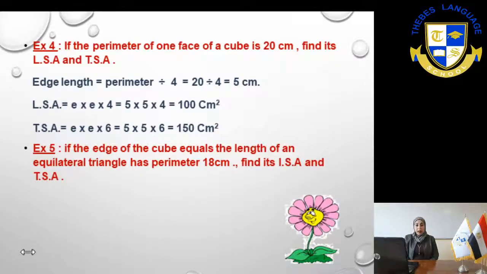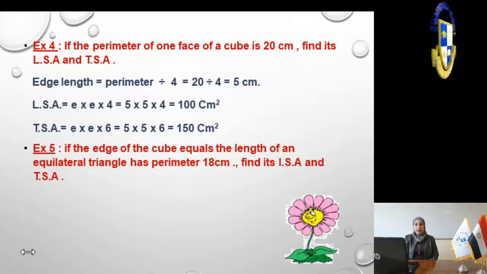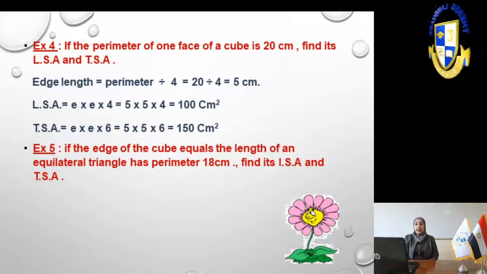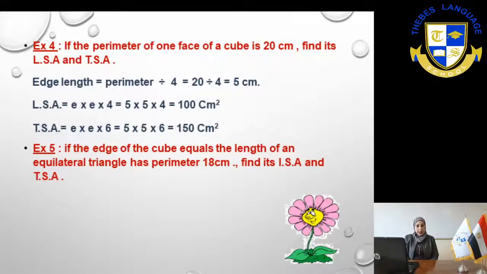The last example, exercise 5. If the edge of the cube equals the length of an equilateral triangle, whose perimeter equals 18 centimeters, find the lateral surface area and total surface area. Okay, at the beginning, equilateral triangle means all the sides are equal.